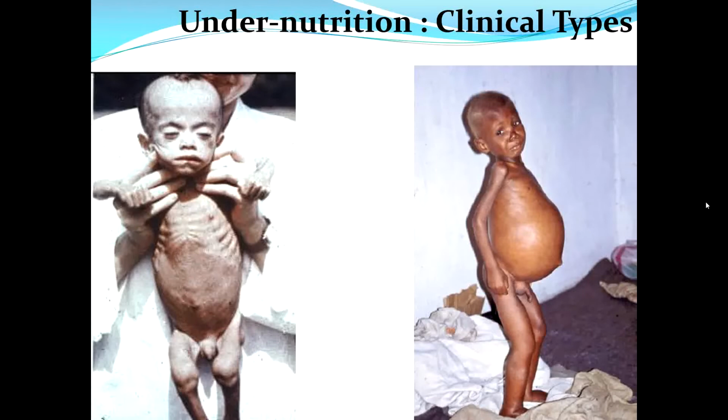Marasmus presents typically with weight for age falling below 60% of expected weight, but no edema. But in between these two clinical prototypes of malnutrition, undernutrition, there are conditions in which there is marasmus and kwashiorkor coexisting, like marasmus with edema.